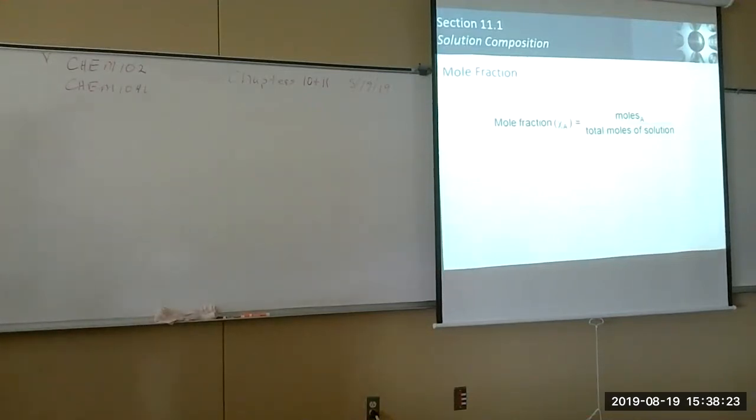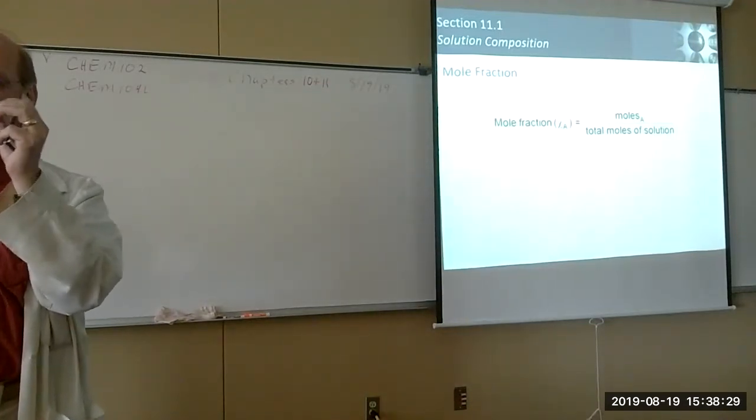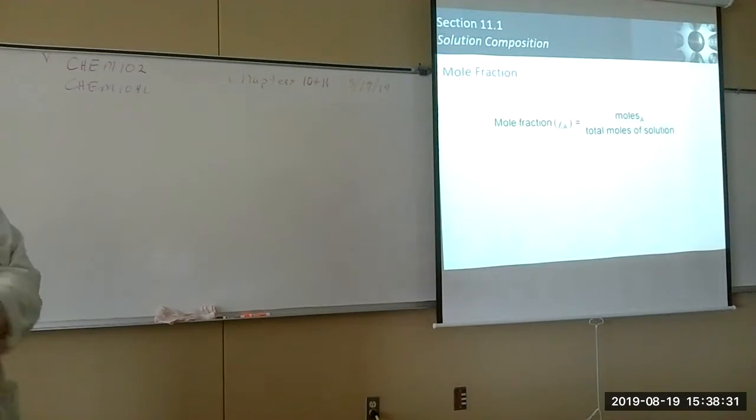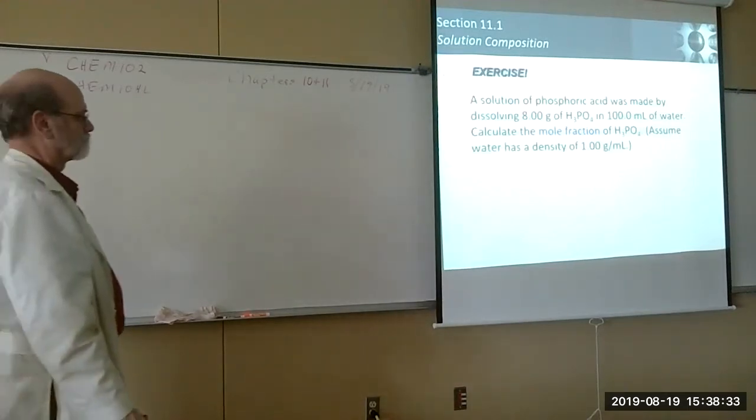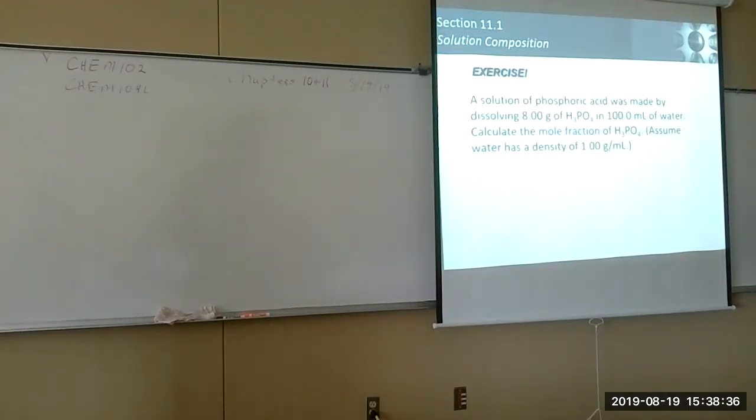Mole fraction. Okay. So in order to do mole fraction, we have to know how many moles of solute and then how many total moles in the solution. So in this problem, we have a solution of phosphoric acid dissolving 8 grams of phosphoric acid in 100 milliliters of water. What's the mole fraction? Right.